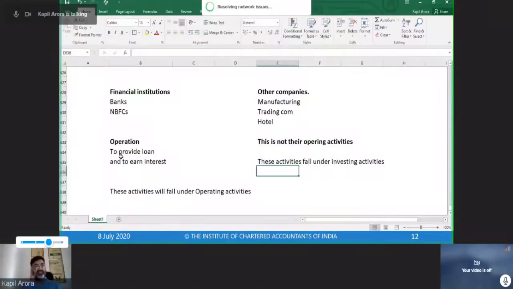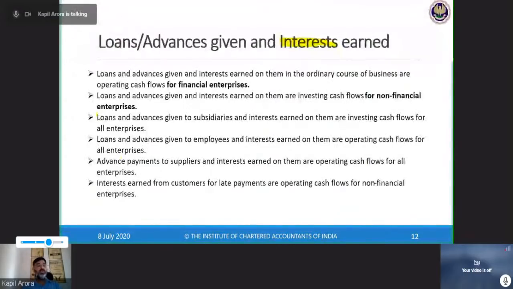So loans and advances given and interest earned in the ordinary course of business for financial enterprises is operating. For everybody else, it is investing. Hope this is clear to everybody.